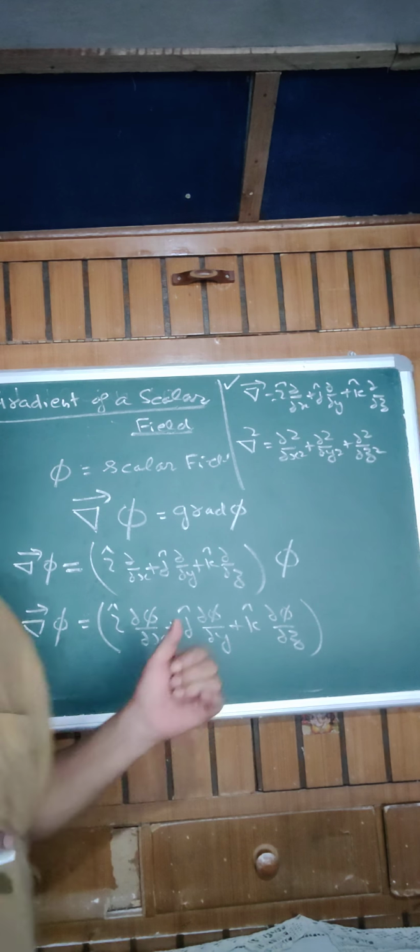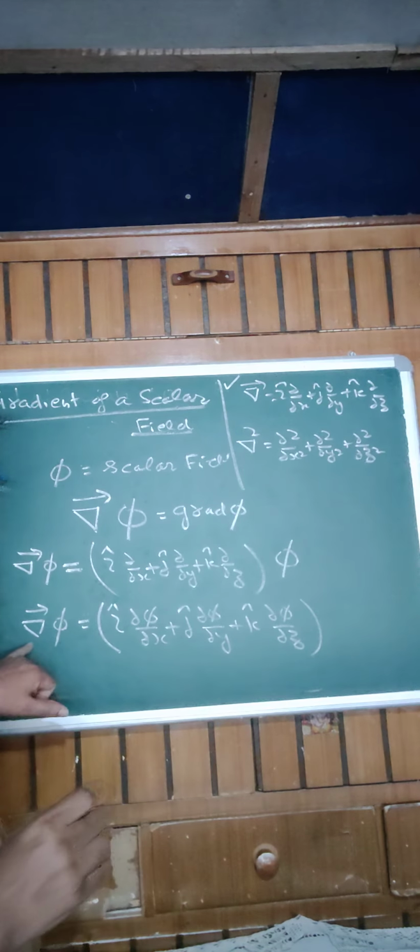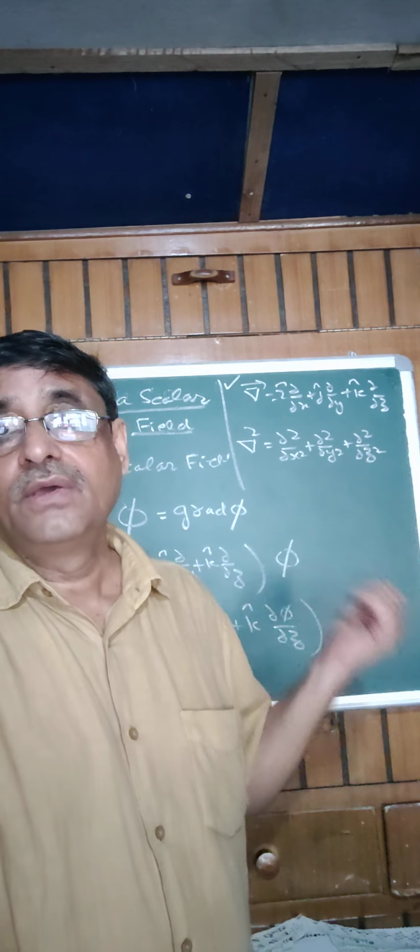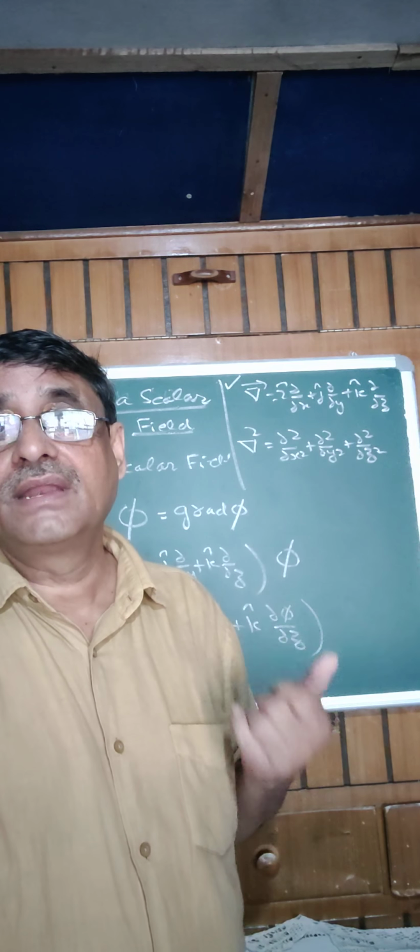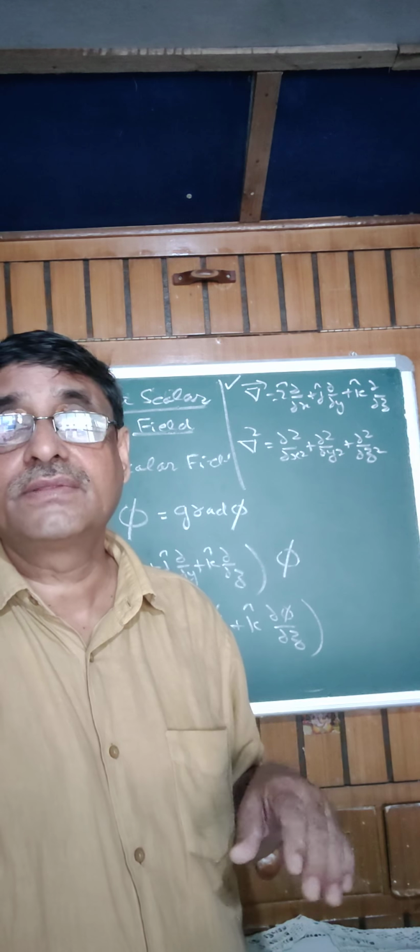And remember, the result we are getting from the gradient of a scalar field, I told you this is very important information, is a vector quantity or a vector field.